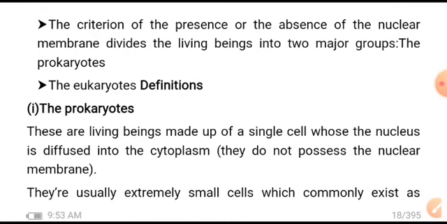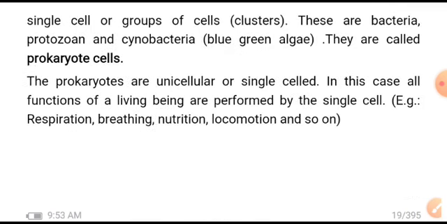They are usually extremely small cells which commonly exist as a single cell, or as a group of cells called a cluster. These are bacteria, protozoa, and cyanobacteria, blue-green algae. They are called prokaryotic cells.